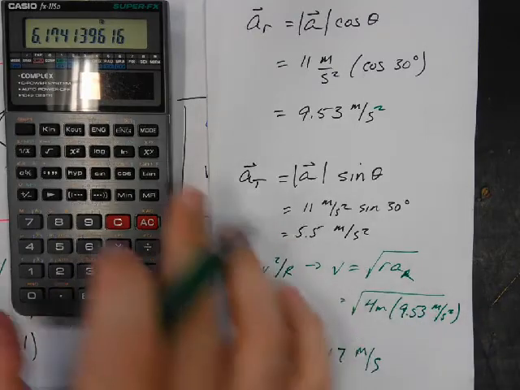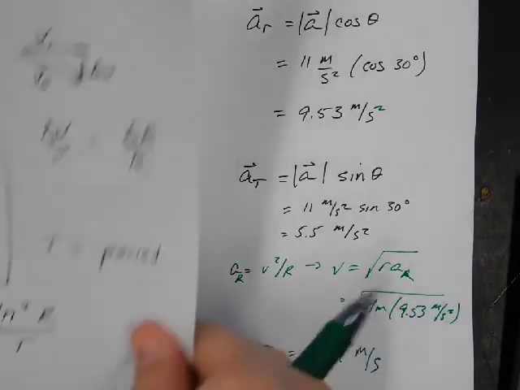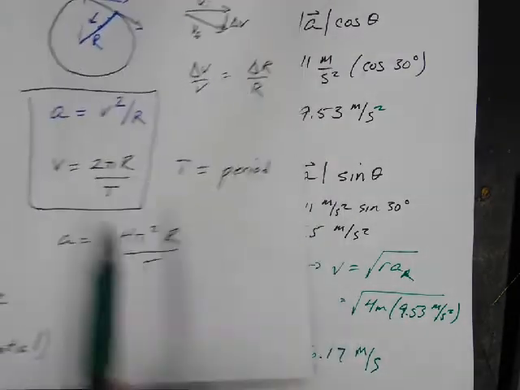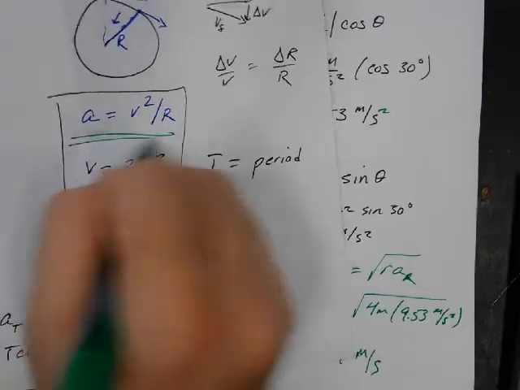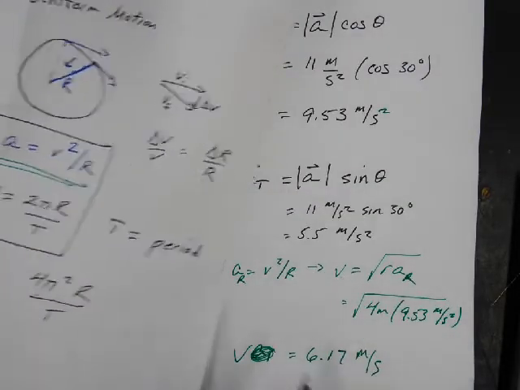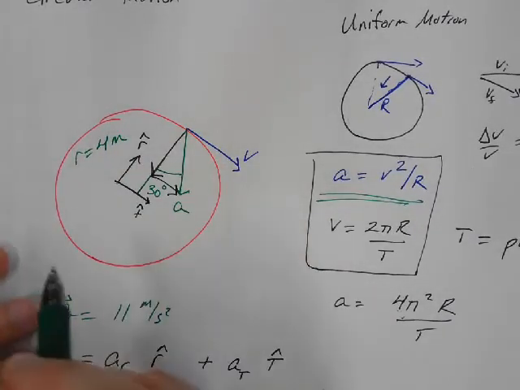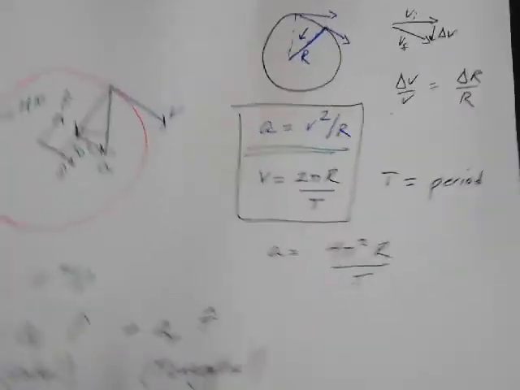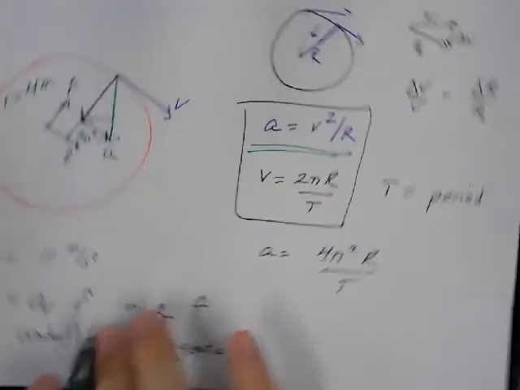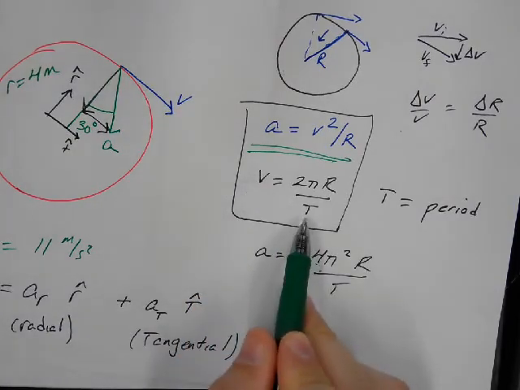So that worked pretty okay, right? We used these formulas that we got, and we basically just used the one formula. There is one other thing we can find here. We can say, what is the time that it goes around? Looking at this equation, we just move the time up and the velocity down.